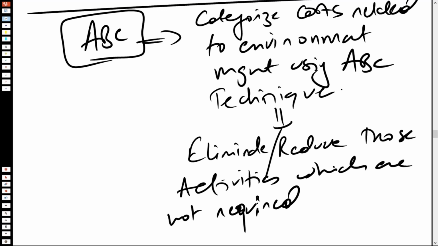So basically, activity based costing is another technique that is used as part and parcel of the environmental management accounting, just to make sure that we are able to get the maximum result and the maximum benefit.